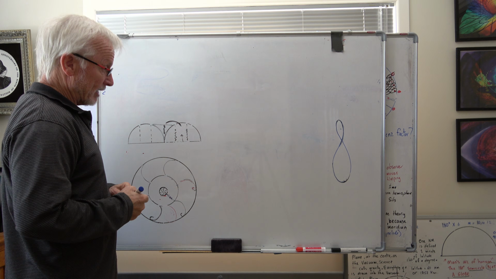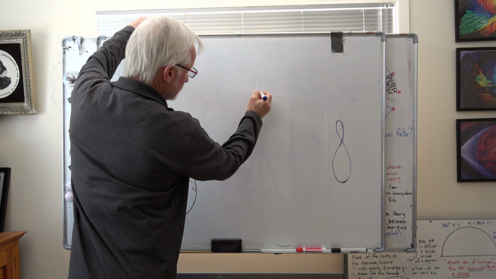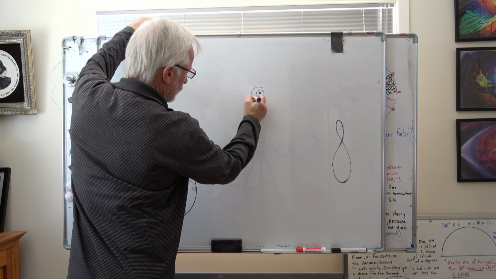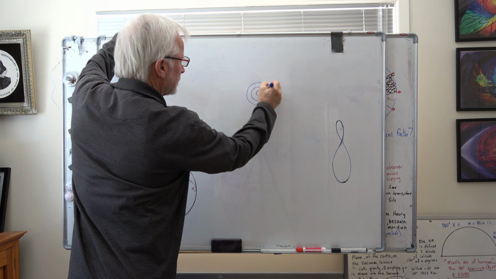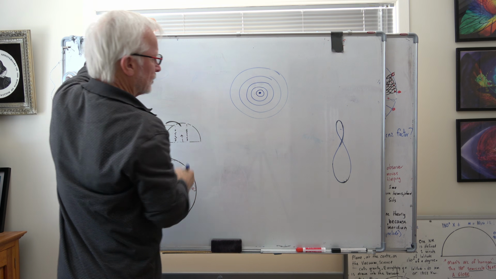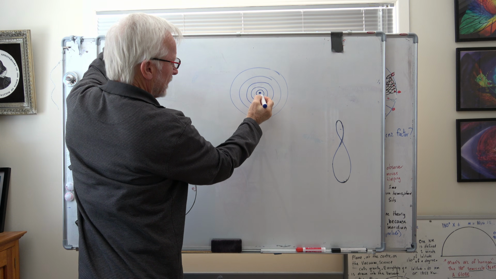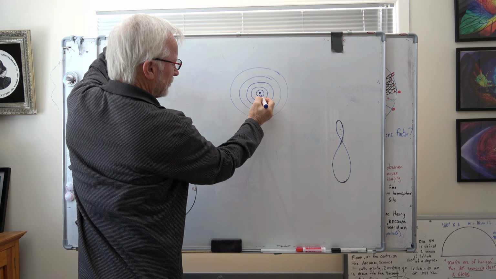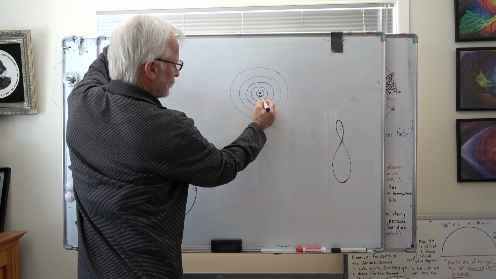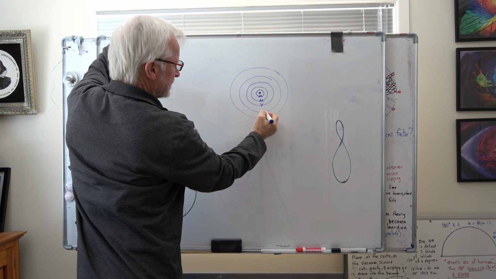So in Ptolemy's model, he had the Earth at the center, then he had all the concentric circles with all the luminaries on them, right? So he had Earth here, he had the Moon here, then he had Mercury, Venus.